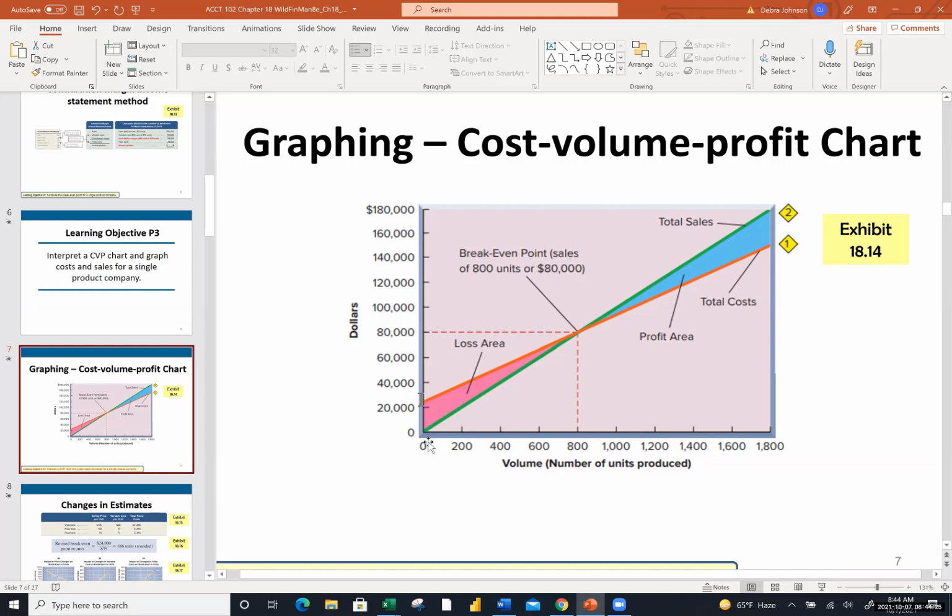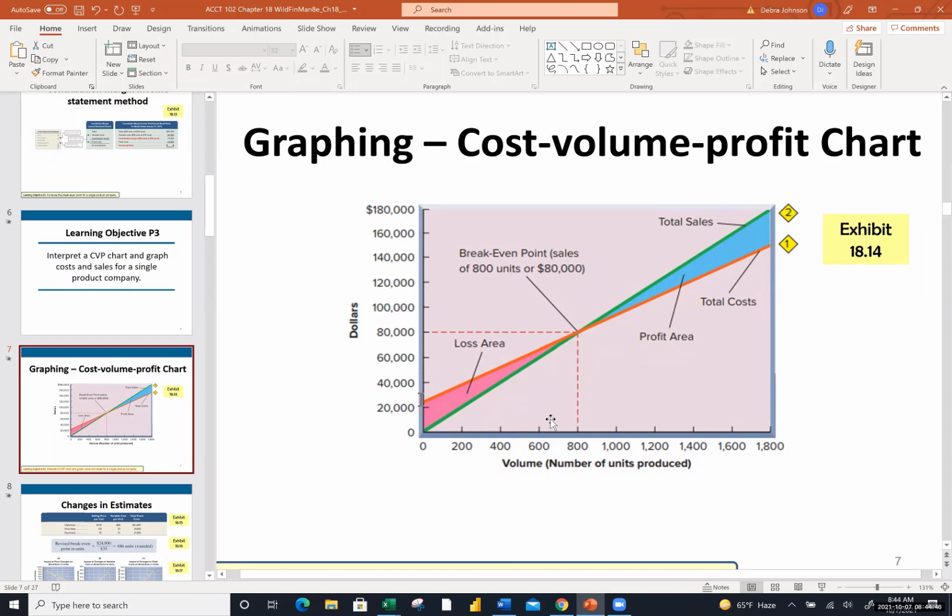It's the place where you make 0 units and the cost line crosses the dollar level. In other words, even though they're not making any units, this company still has a fixed cost. It looks like it's a little bit higher than 20,000. I'd have to zoom in on that chart to know the exact amount.